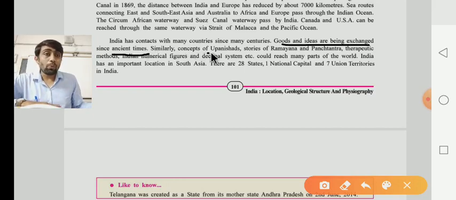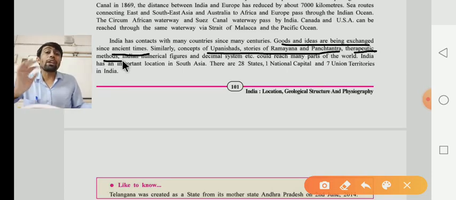Similarly, the concept of the Upanishads, stories of the Ramayana, Panchatantra, and therapeutic methods, it means the medical knowledge of India, spread as well.